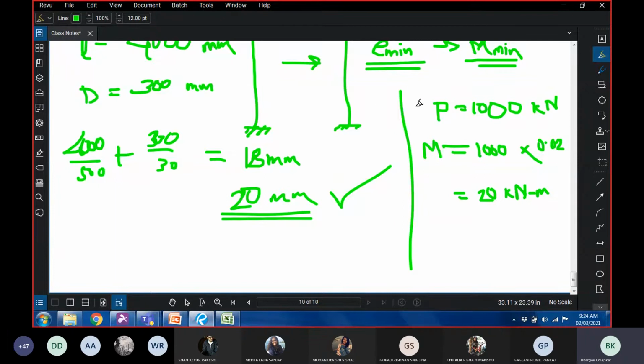So you will design the column for an actual load of 1000 kilonewton and a minimum moment of 20 kilonewton meter. This is what the minimum eccentricity criterion means.